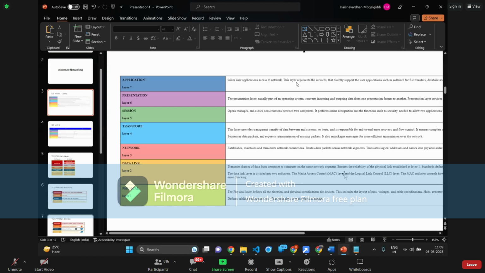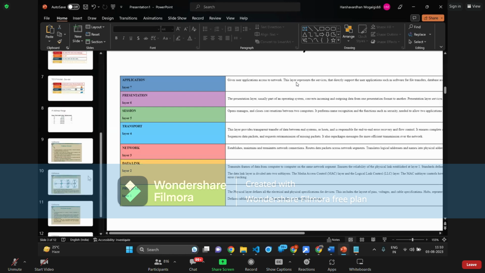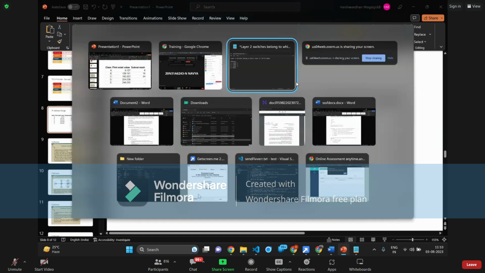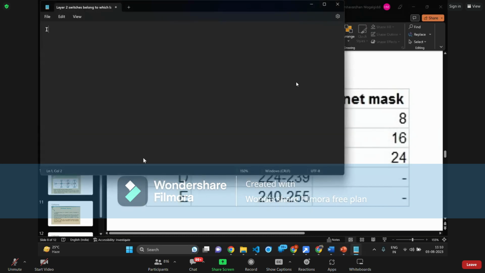Now, in IPv4 you have different ranges. As I said, it is a 32-bit address. A general IP address is, say, 192.168.1.251.